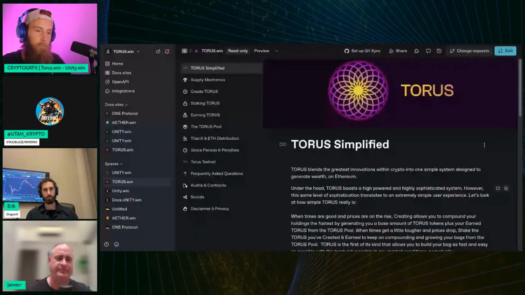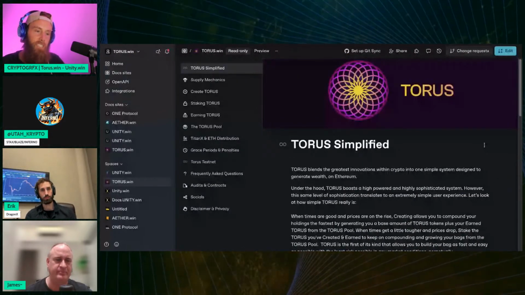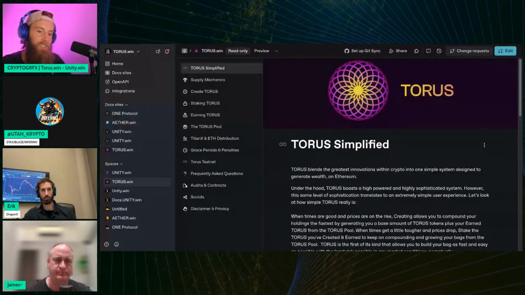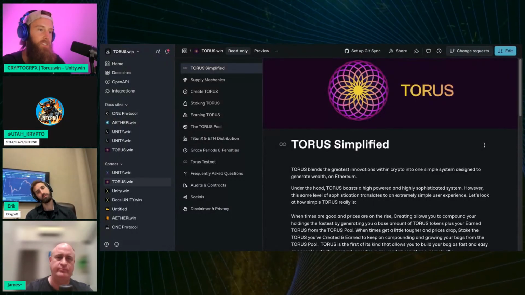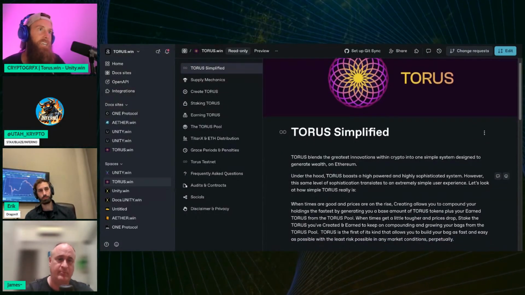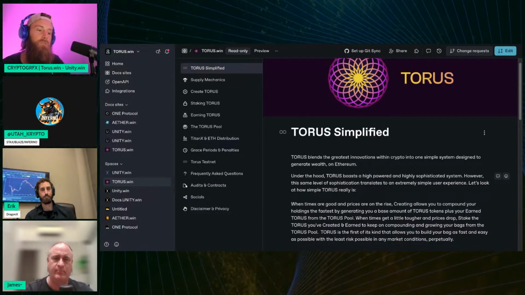Many of you have already seen this, but we're going to go through it one more time over the next 10 minutes just to really hammer this home for anyone that's watching for the first time that doesn't know what Torus is. Now, Torus is designed to take all of the elements of what my favorite cryptocurrencies have ever done.